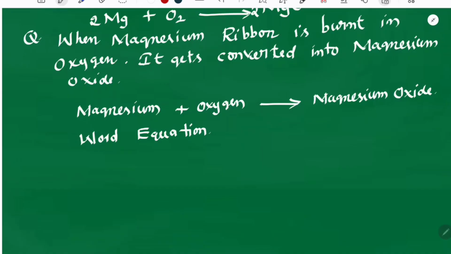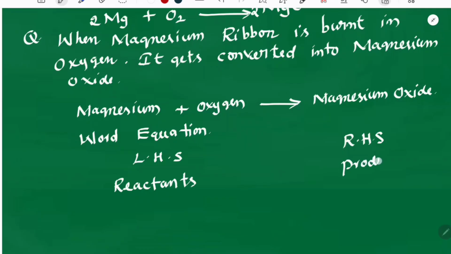Just observe: these are on the left hand side and these are on the right hand side. Those present on the left hand side are called reactants. Those present on the right hand side are called products.